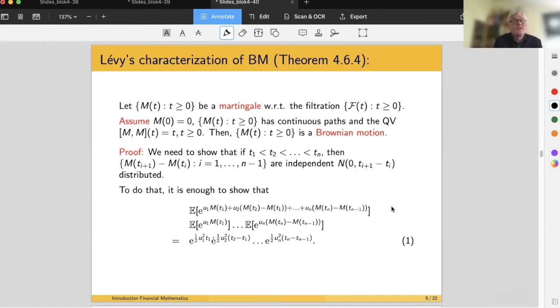And we have also seen in earlier lectures that the moment generating function is decisive for these type of statements.